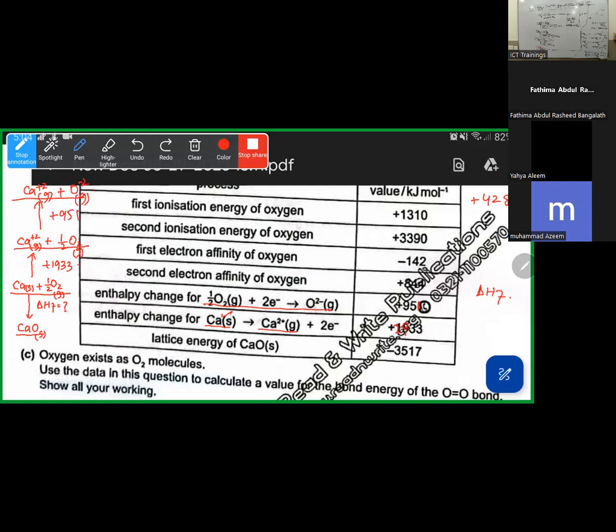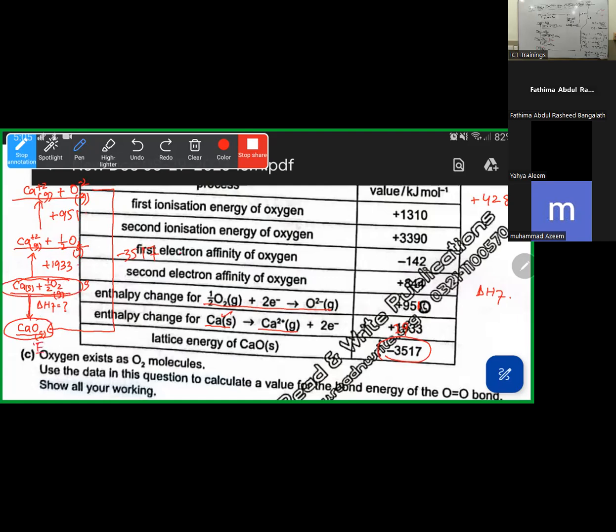The lattice energy is given in the question, minus 3517. I think you can do it now. So this cycle is going to start from here and end up here. This is the start point, this is the end point.